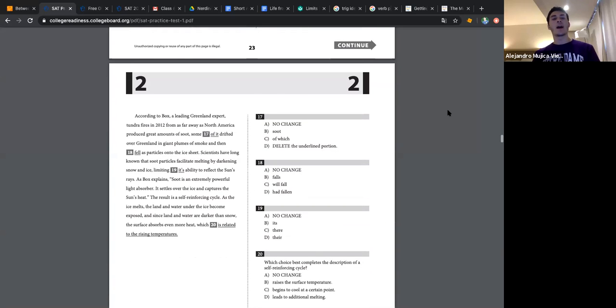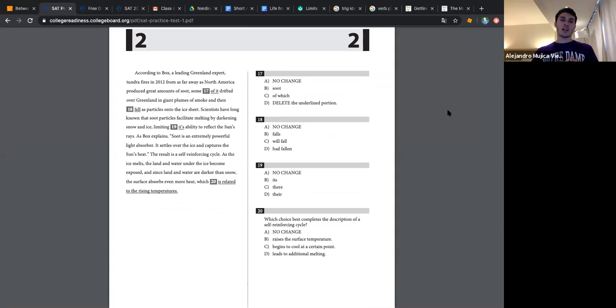Moving on. According to Box, a leading Greenland expert, tundra fires in 2012 from as far away as North America produced great amounts of soot. Some of it drifted over Greenland in giant plumes and then blah, blah. Okay, so we have a comma, some of it.